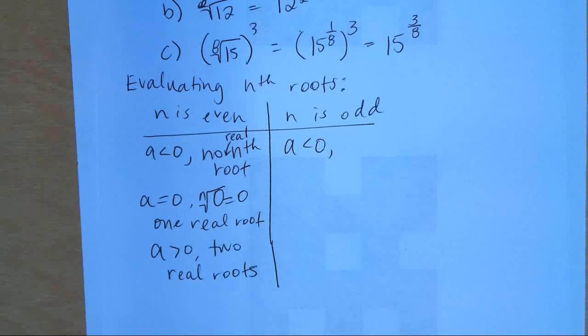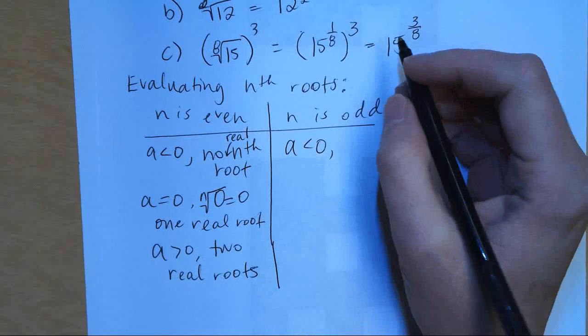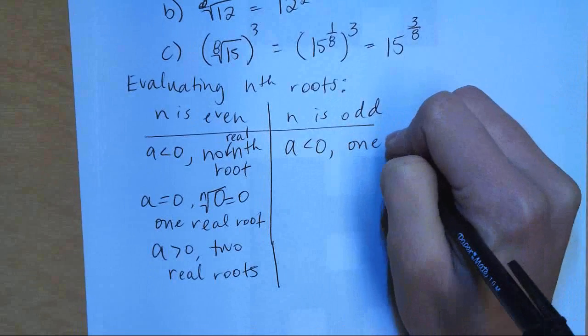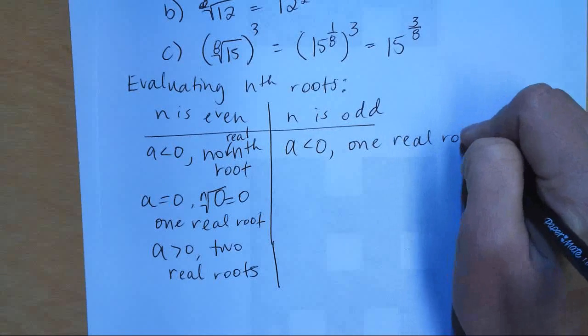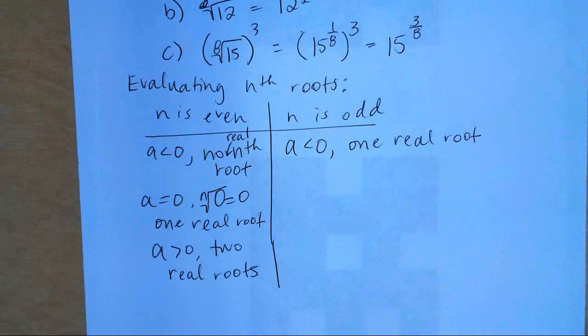Yeah, so you're asking yourself what times itself would give you -8, and the answer is -2. -2 times -2 times -2 is -8. What about +2? No, because +2 times +2 times +2 is going to be +8. So if it's negative, it has one real root.